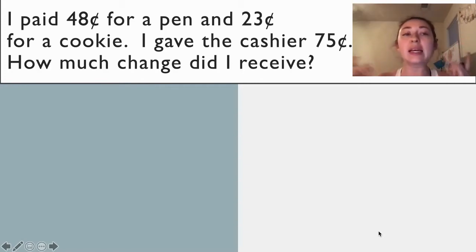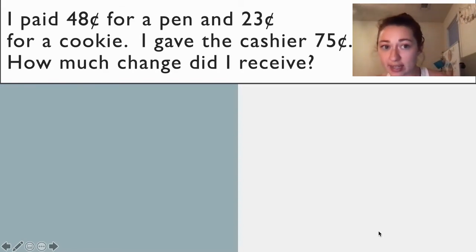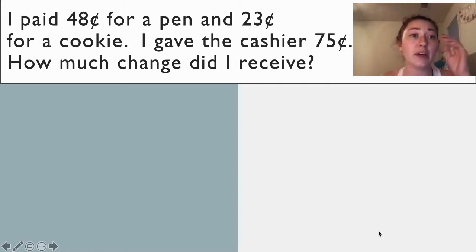So let's go back and let's break it up bit by bit. I paid 48 cents for a pen and 23 cents for a cookie. All right, so 48 and 23. Okay, what do you do when you're at Walmart and you're checking out? Are you adding all of the stuff together, or are you taking one away from the other?